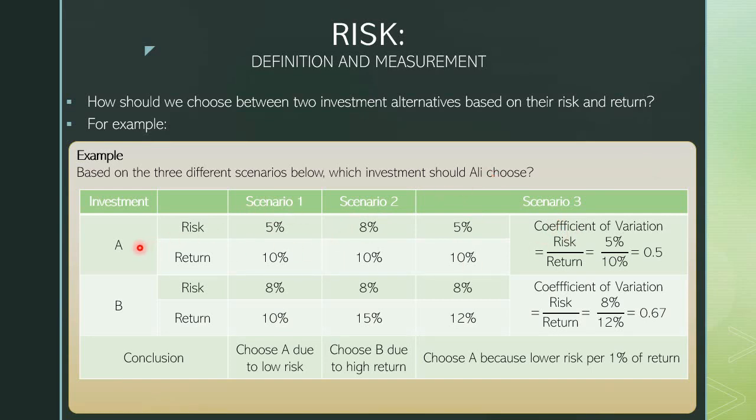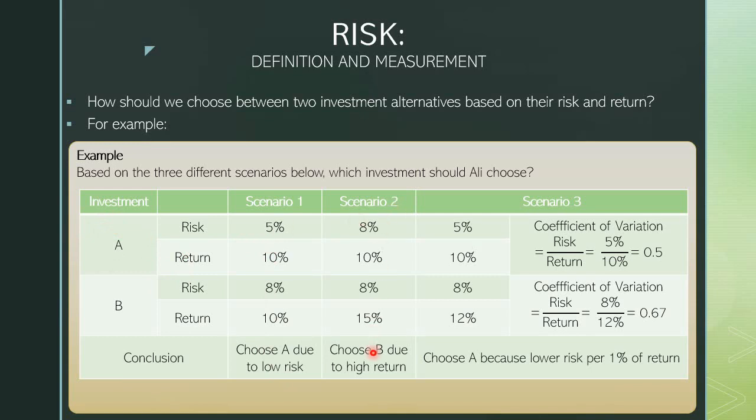Ali has two investments, investment A and investment B. For the first scenario, the risks of investment A and investment B are the same, only that investment B's return is 8% whereas A's is only 5%. If the risk remains similar, then we choose the one with the lower risk. Therefore, we choose to invest in investment A.